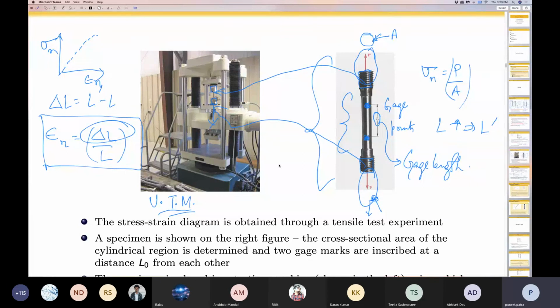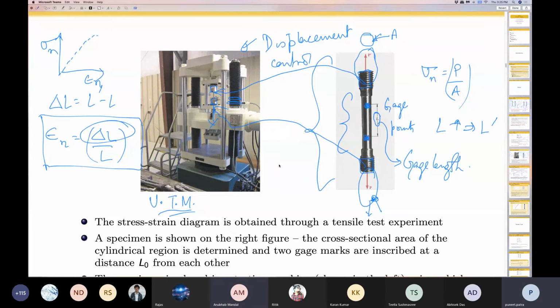So typically, in order for you to explain this, what I said was that the force is applied. Typically, these machines are what are known as displacement controlled machines. So we do not apply force directly. Can you see these pitches, kind of similar to screw threads?